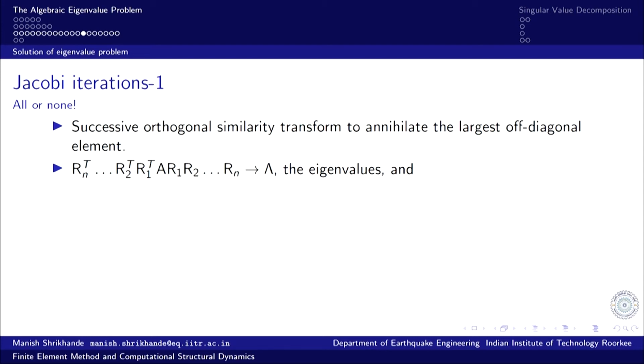An interesting part is that the accumulation of these product orthogonal matrices converges to the eigenvectors, and that in a sense is the Jacobi iteration. So, it is essentially a sequence of Givens rotations, and we can find out what the iteration is and how to arrange for that.